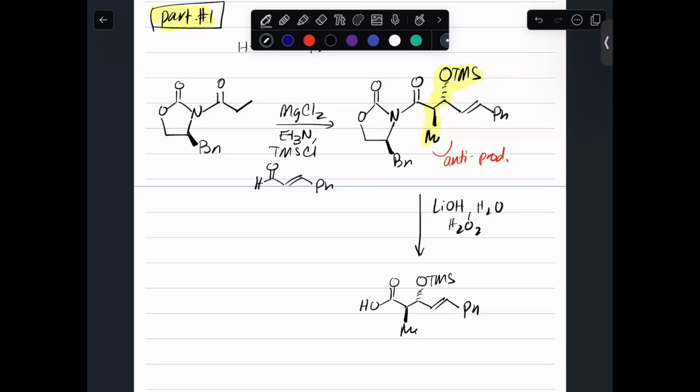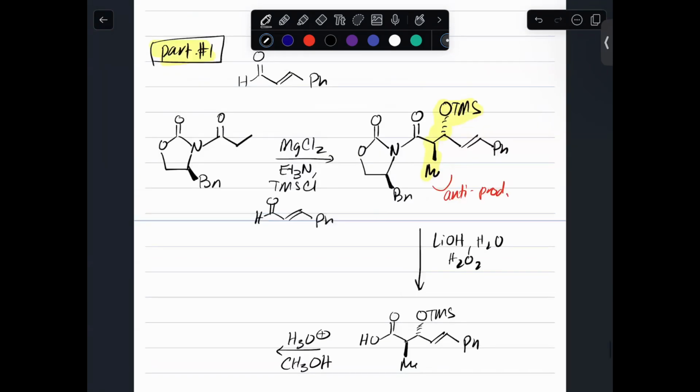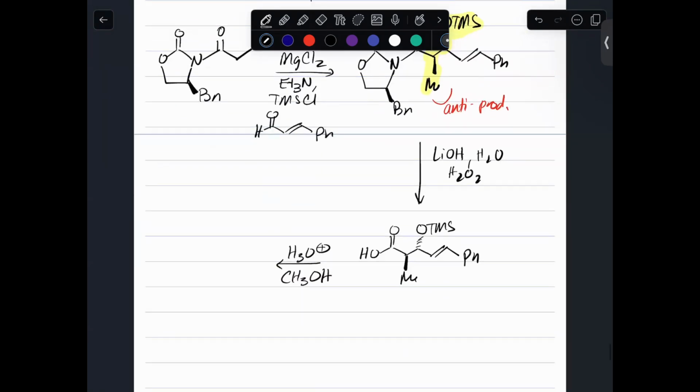They then do a Fischer esterification. To form their desired ester.